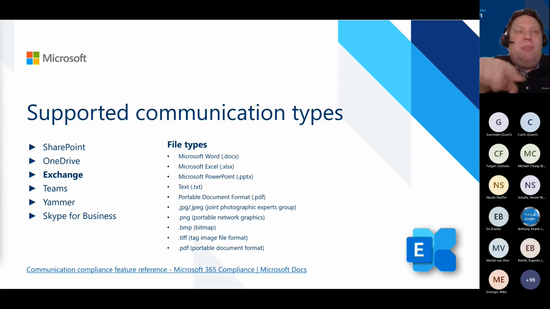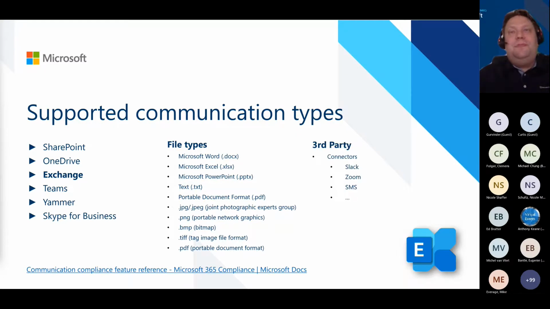Yes. If it's a JPEG or PNG, we use OCR options, so we can also control the information in the picture with communication compliance. And hopefully in the future we will also have connectors to Zoom, Slack, and all of this. And hopefully in the future, and this is currently a little problem, we will also have voice messages in a controlled way.